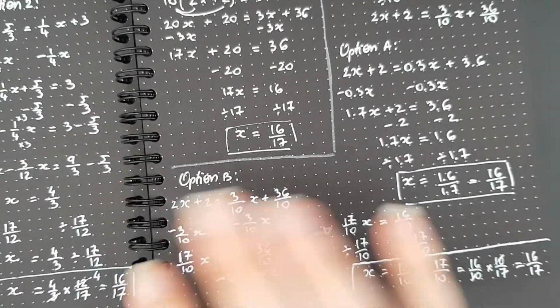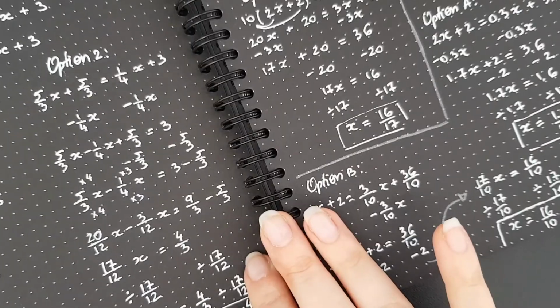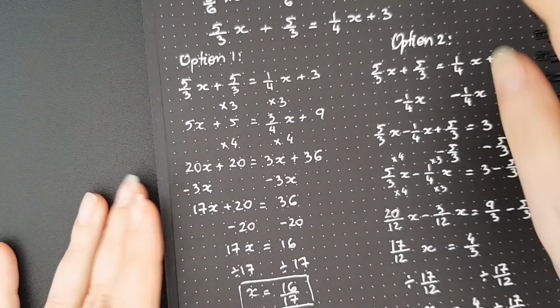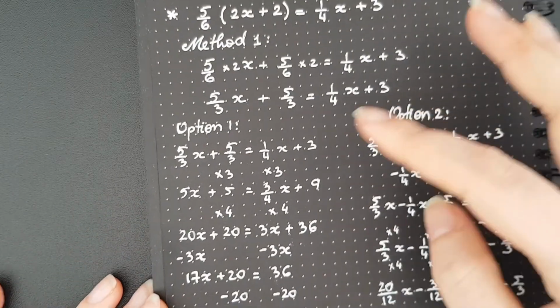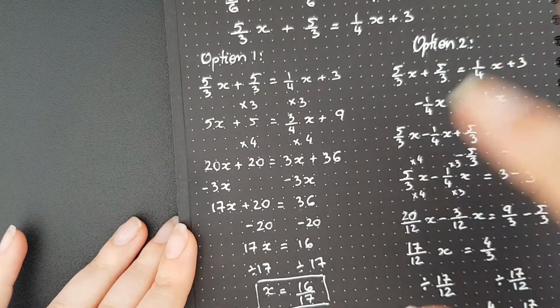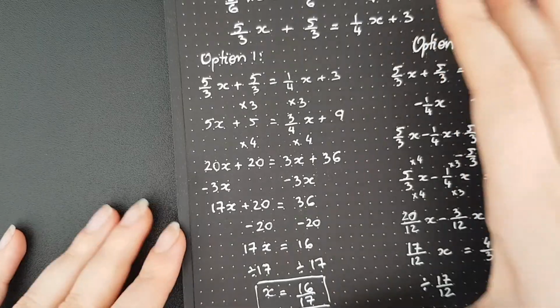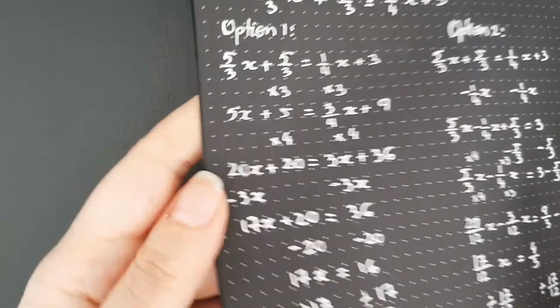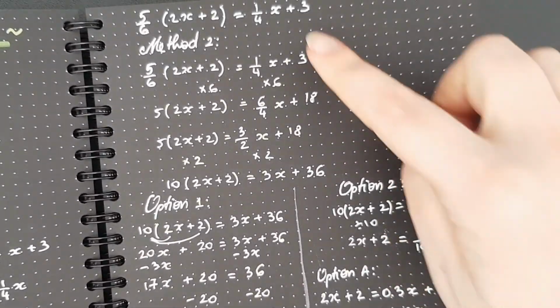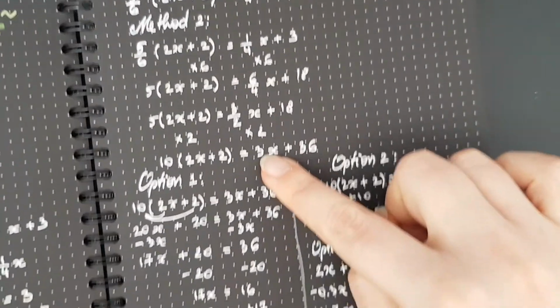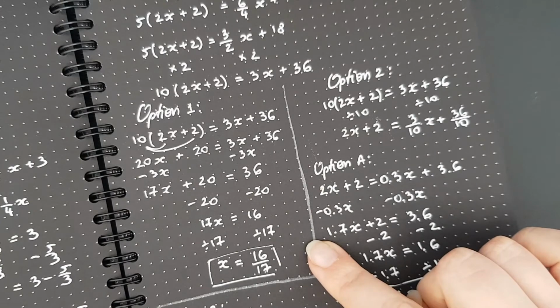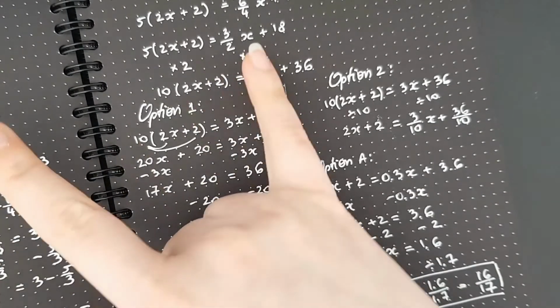So I will have to be honest with everyone. I have to say that the first method with the first option is my favorite at the moment, followed by the second method with the first option as well. So these are kind of my favorites.